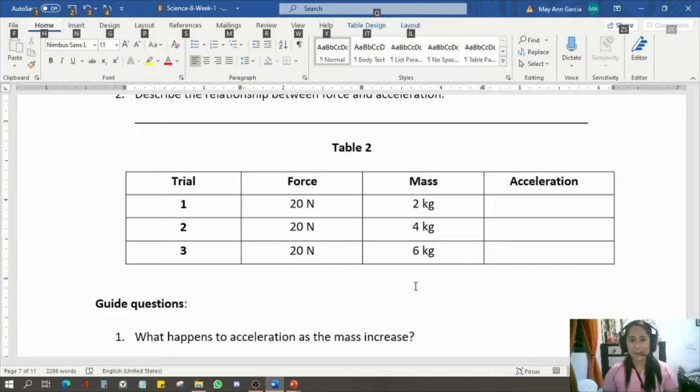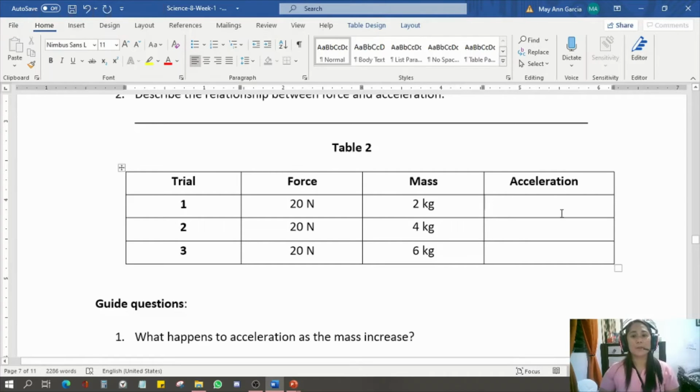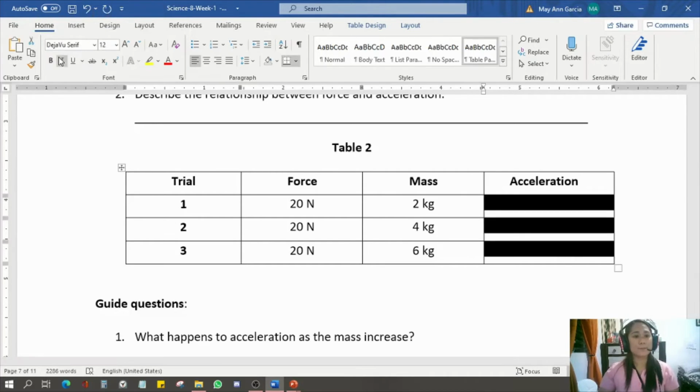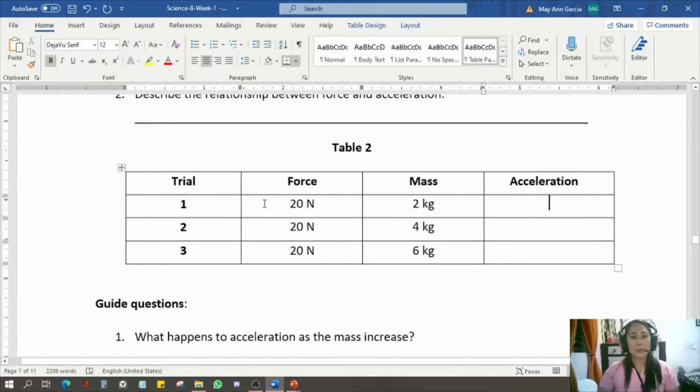Let us find out. So, in our case here, 20 divided by 2 is equivalent to, okay, 10. What unit are we going to use again? Correct, that is meter per second squared.